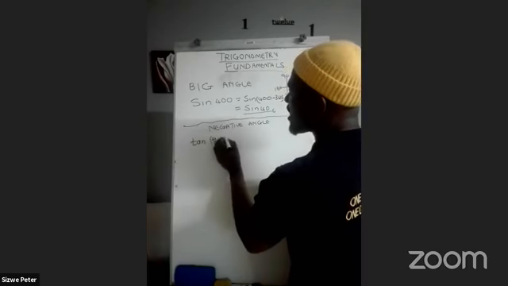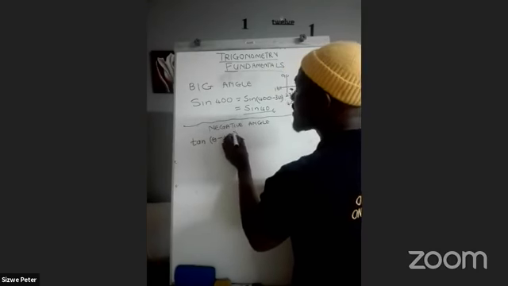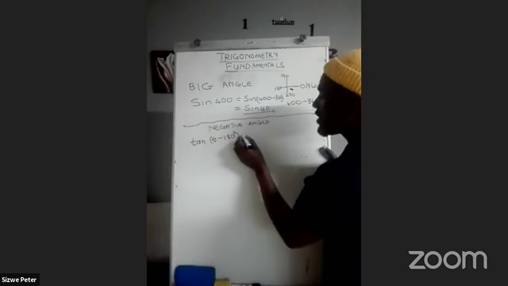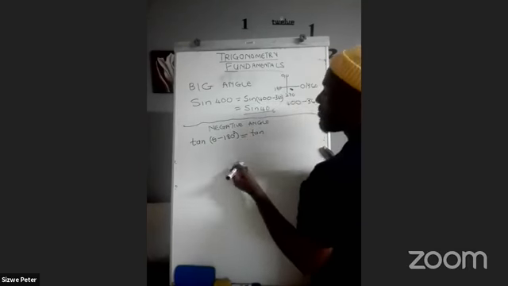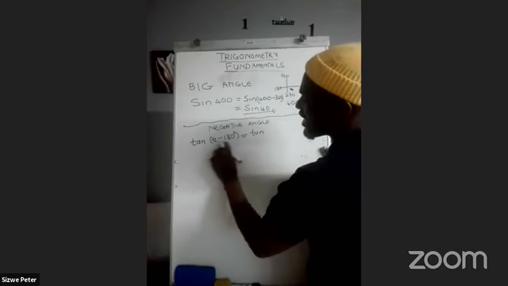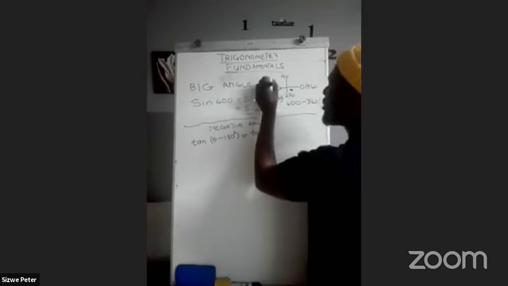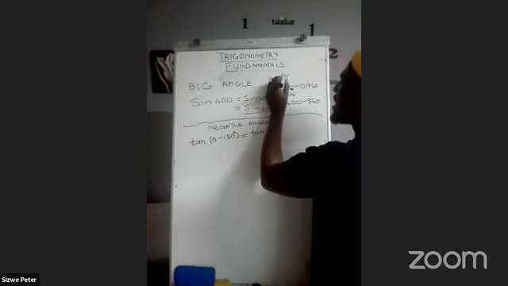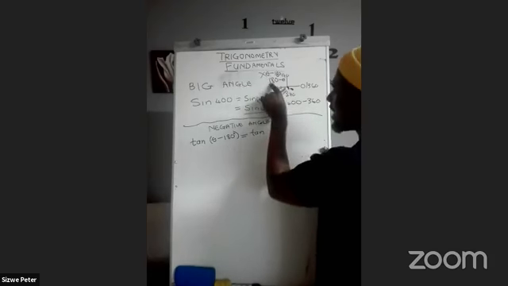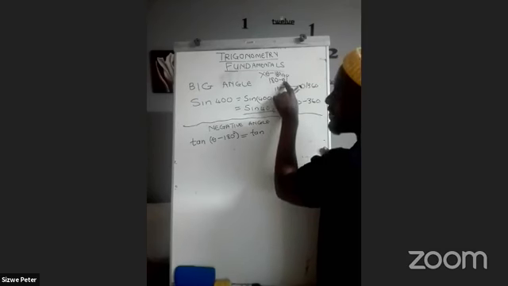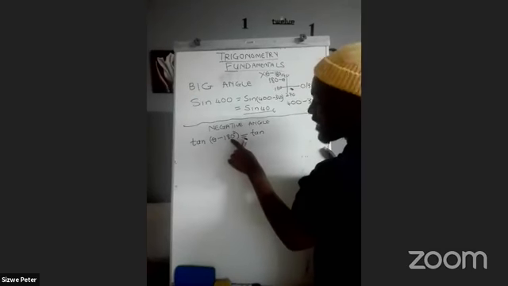So let's say we have tan of theta minus 180. Remember, this is not the second quadrant. The second quadrant, we said, is 180 minus theta, not the other way around. Now this is theta minus 180.